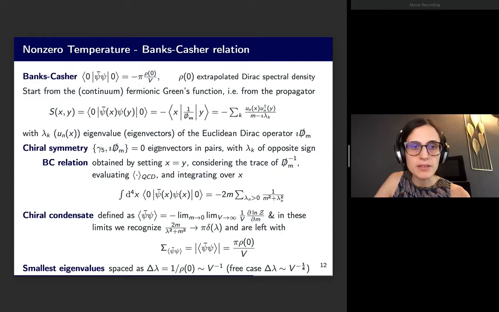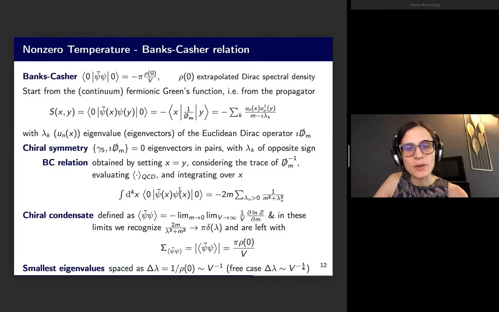Then chiral symmetry expressed in this formula ensures that the eigenvectors will come in pairs with eigenvalues that have opposite sign. And by using this property, by setting x equal to y, by considering the trace of the propagator and evaluating this quantity on gauge field ensembles and integrating over x, we get to this partial result on our way to the Banks-Casher relation.